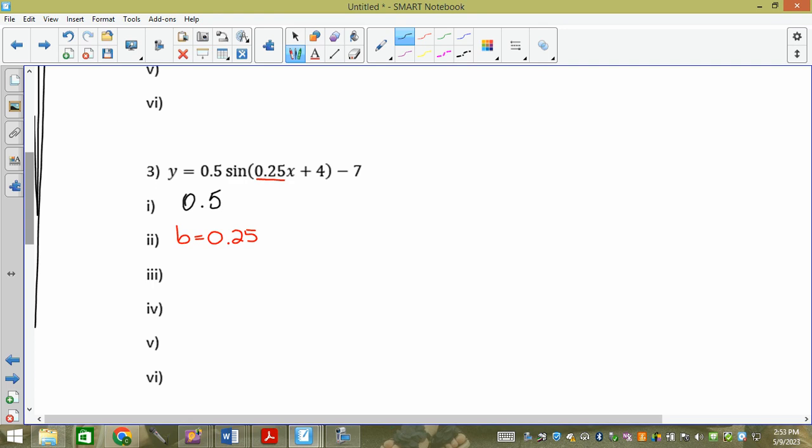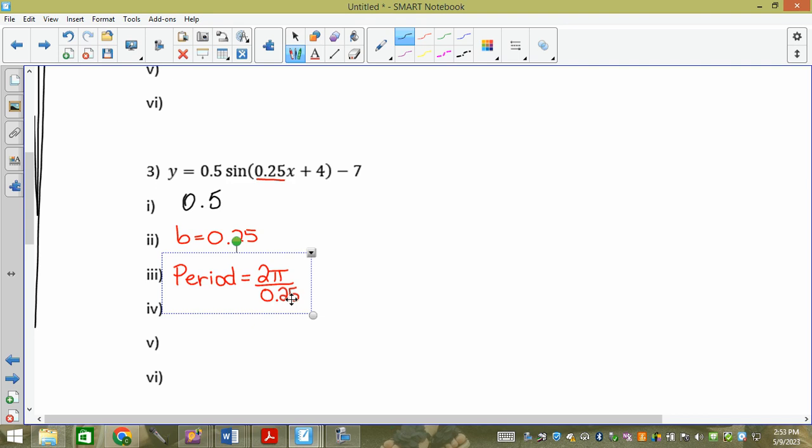Okay. 3, the period is 2 pi divided by what? Now, if you put 2 pi divided by 0.25, no matter how hard you hit math enter, it's not giving you a fraction. Because fractions can only happen when you have non-repeating, non-terminating decimals.